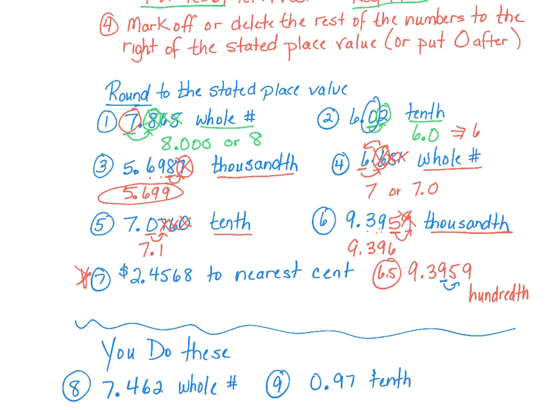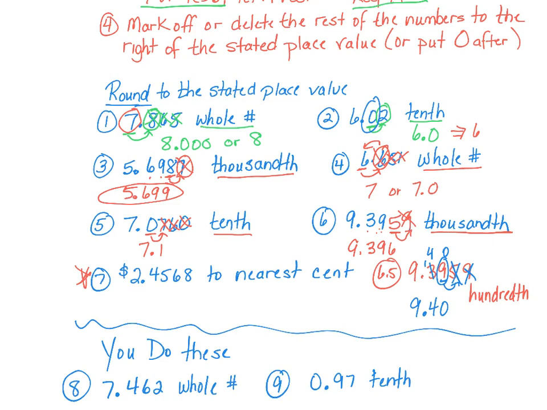It is 5, which is going to bump that 9. This 9 is going to go, well, what's above a 9? 10. Okay, so these go away, but I would have to put a 0 here, and 10 bumps this one up one more, which would make that a 4. So it would be 9.40. Is that the same as 9.4? Yep.